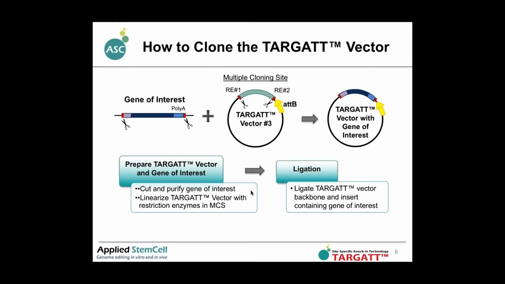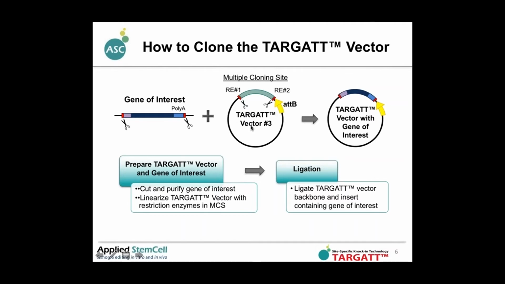The gene of interest can be taken from another vector, amplified by PCR, or synthesized. This fragment can then be subcloned into a target vector that has multiple cloning sites for ease of cloning, and also contains the ATTB site for integrase-mediated recombination.